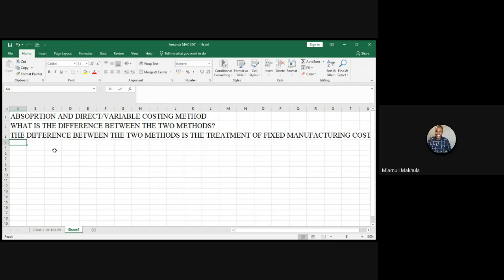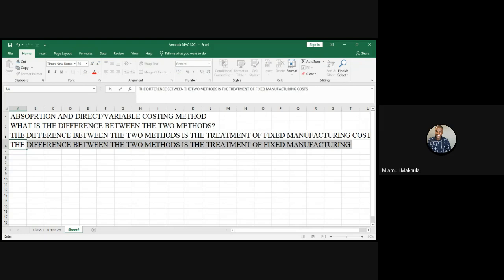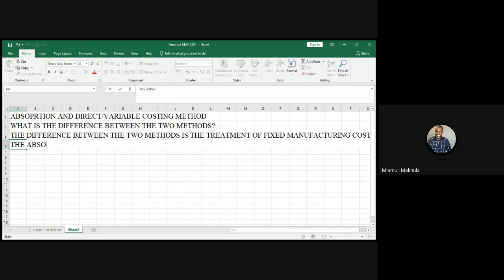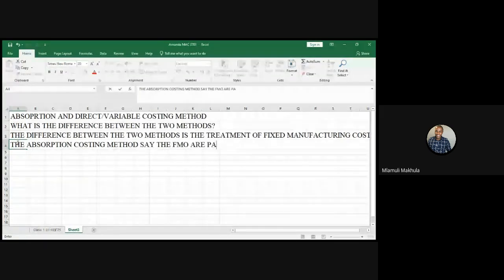So the absorption costing method says the fixed manufacturing overheads, fixed manufacturing cost, are part of your product cost.